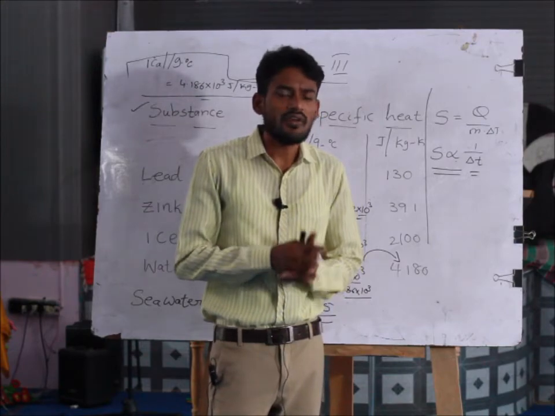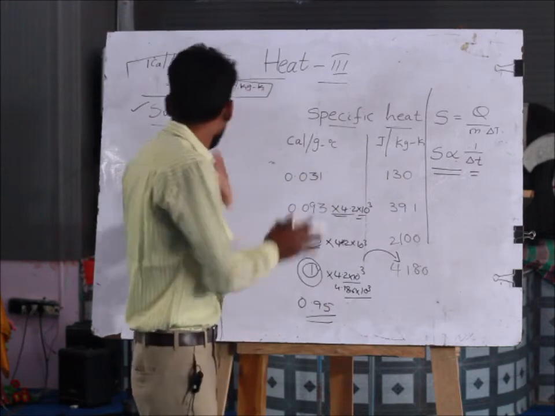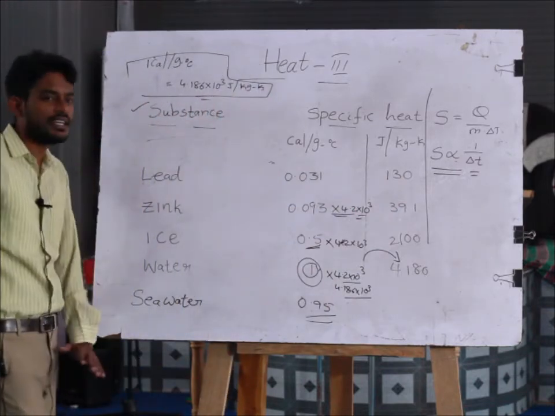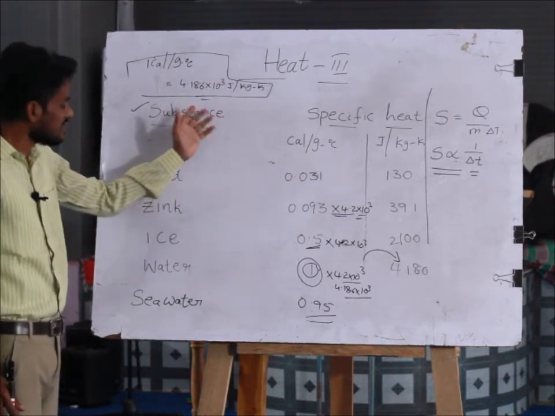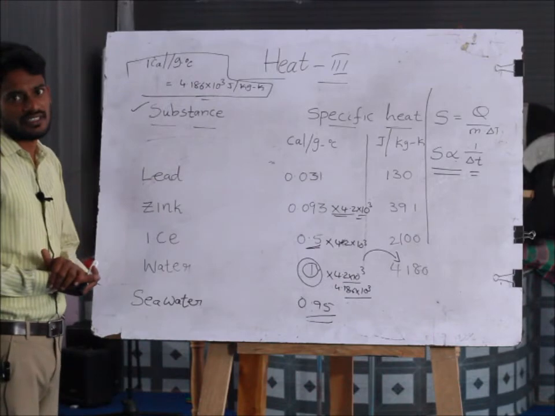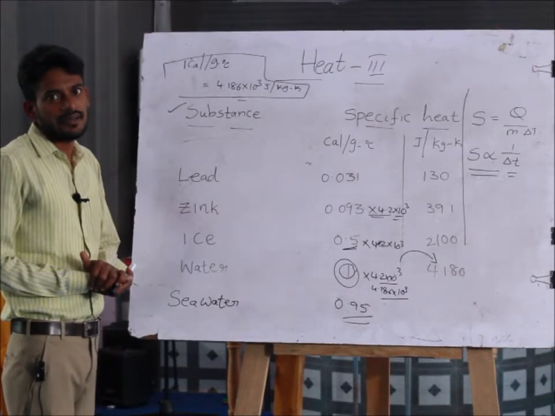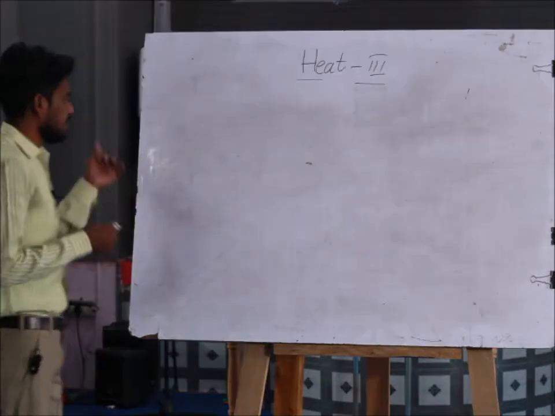Now, why does specific heat vary? Like land to water, like lead to zinc, like ice to water, like water to seawater. Why is specific heat different for different substances? The answer will be given by the internal energy of the concerned substance.